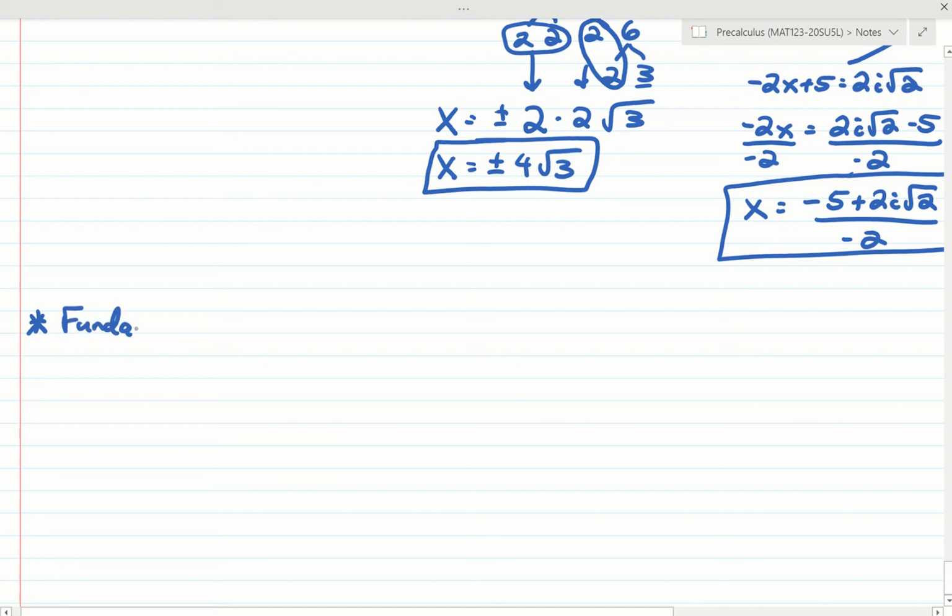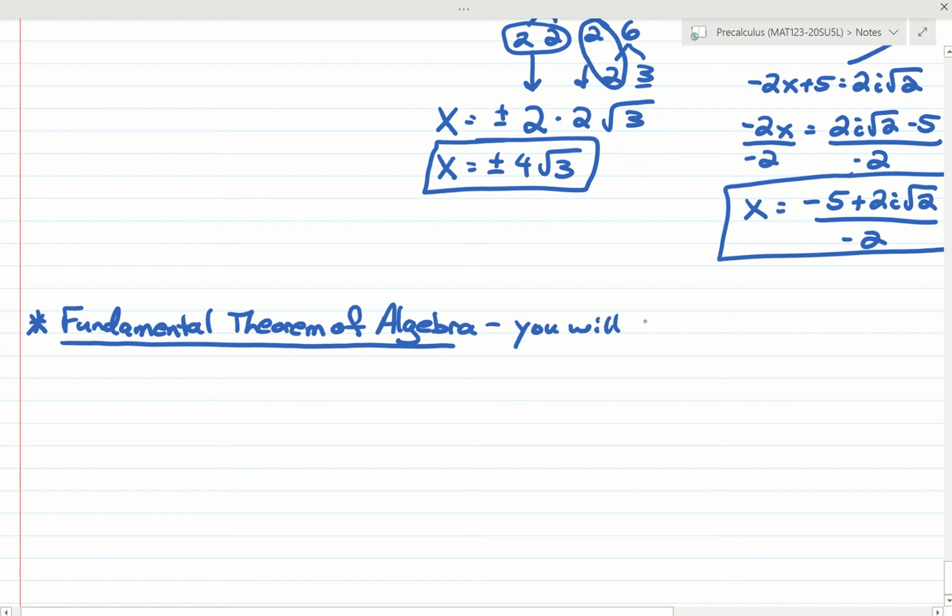But the fundamental theorem of algebra says that you will have as many x-intercepts as the highest power of x. So for these problems, these are all quadratic. It's x squared. Well, we have two answers for all of these problems.